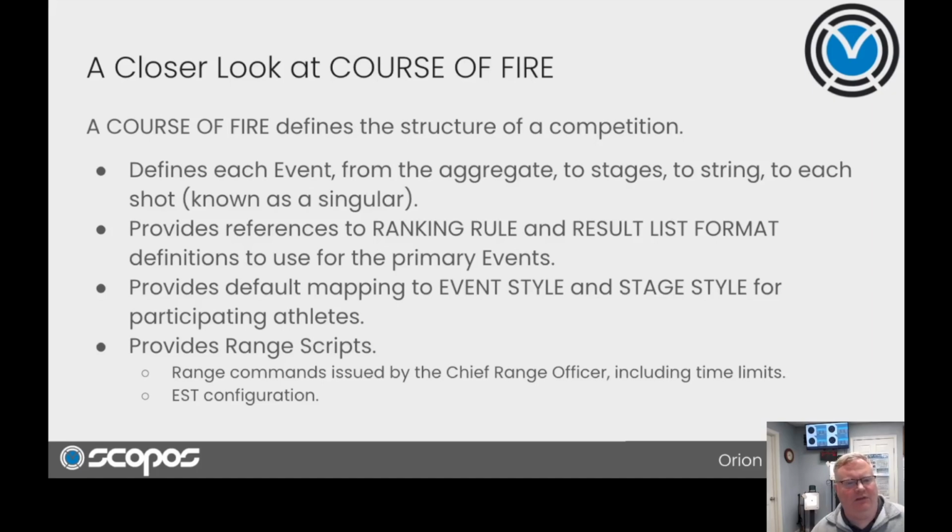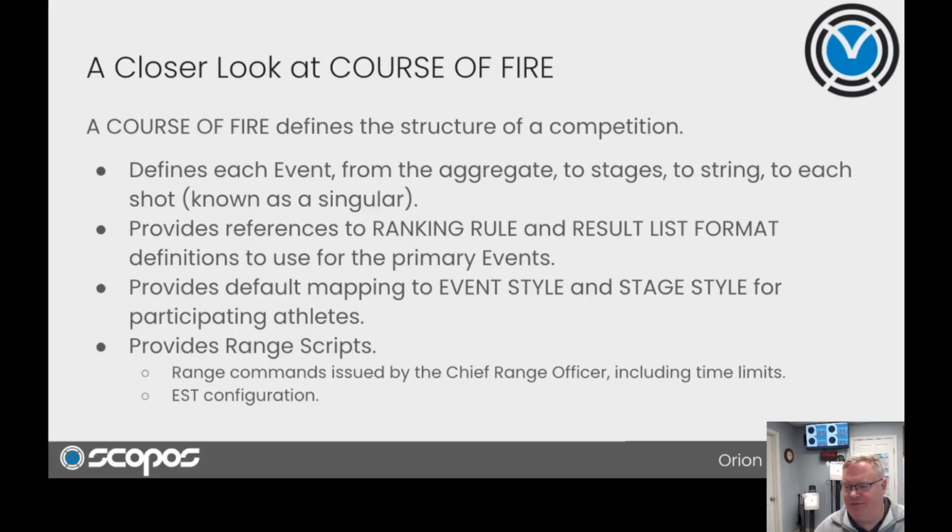All right, so let's take a look at one of the definition types, the most complicated one, and see what's behind it. So we're going to look at the course of fire definition type. A course of fire basically defines the complete structure of a competition.